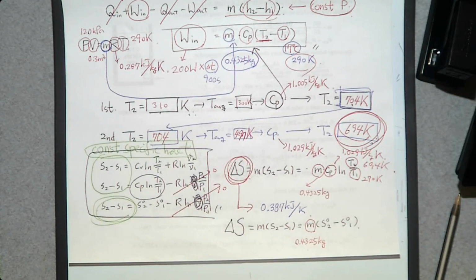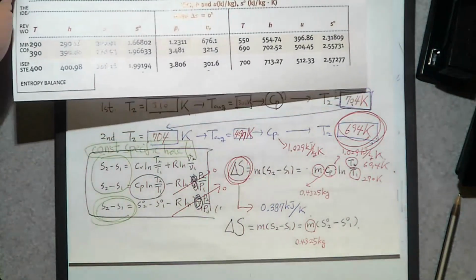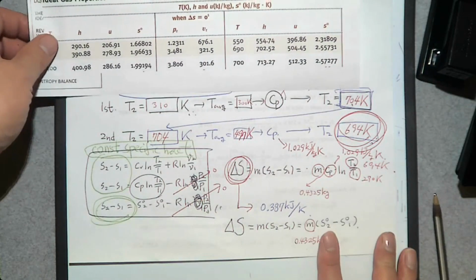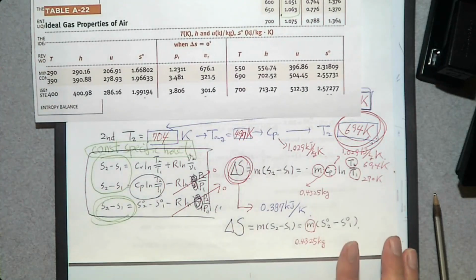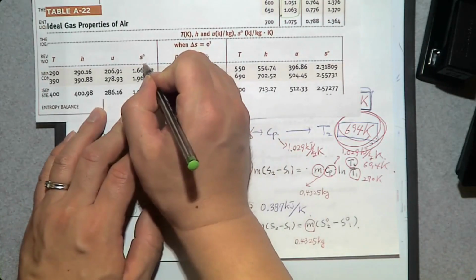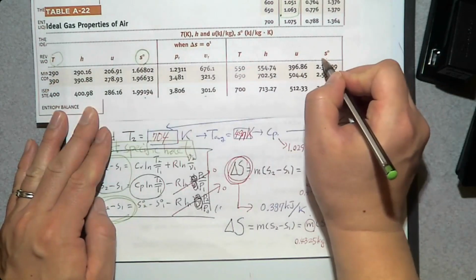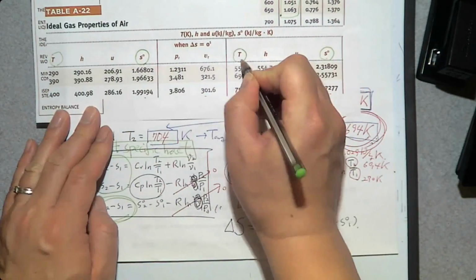From table A22. In this table A22, what you can see is we have S degree based on temperature.